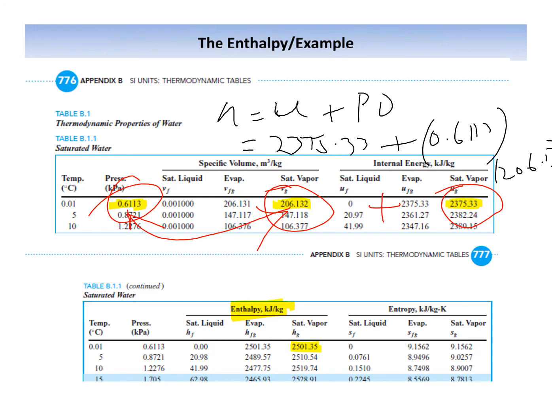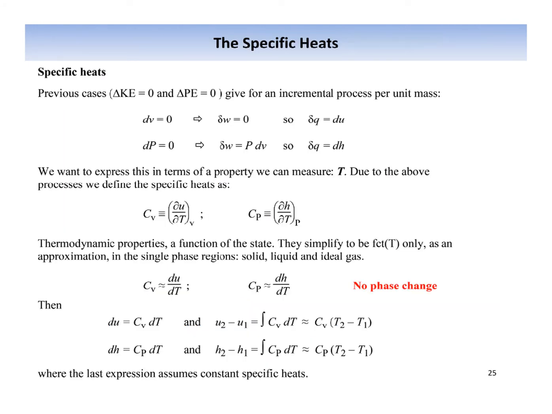So enthalpy is nothing but the combination of different thermodynamic properties. Now we have specific heats to discuss. As I indicated in the previous slide, for the internal energy of a rigid body, if we heat up or cool down our system, we will be directly changing the internal energies at the two states.